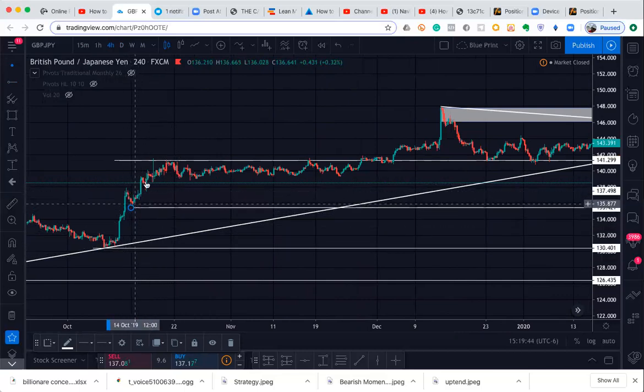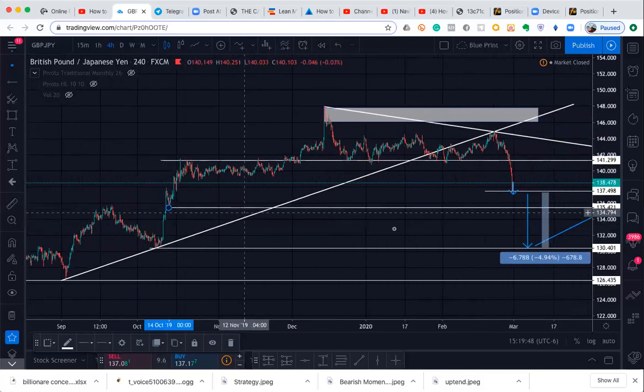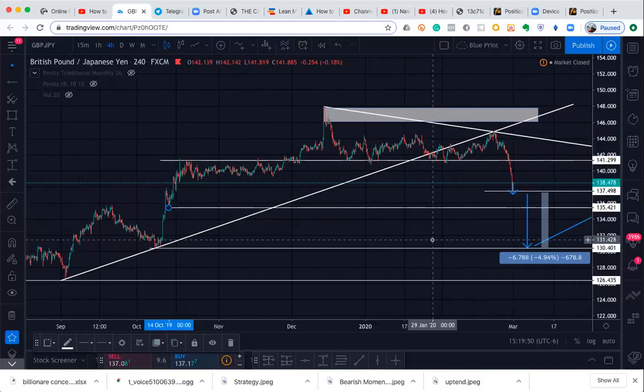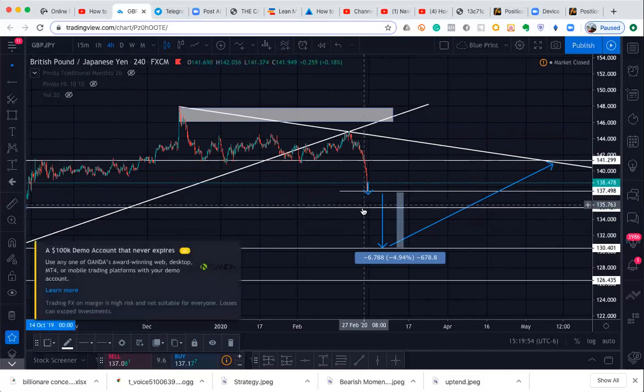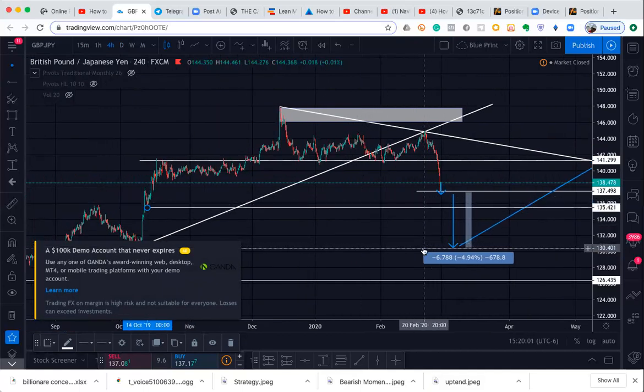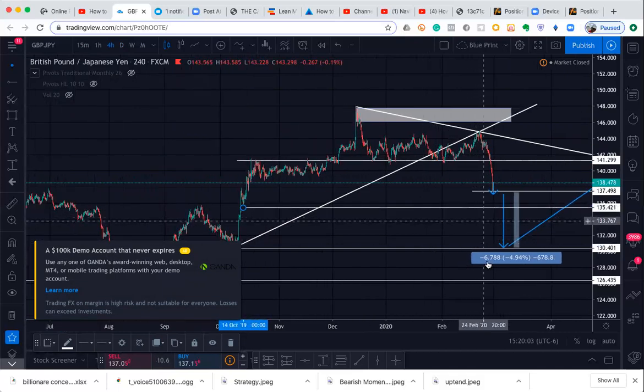See, boom, it held. This is a spot that I'm interested in. So once price breaks here, this could be an entry right here, and then here, and then now your take profit. So this whole entire zone right here.